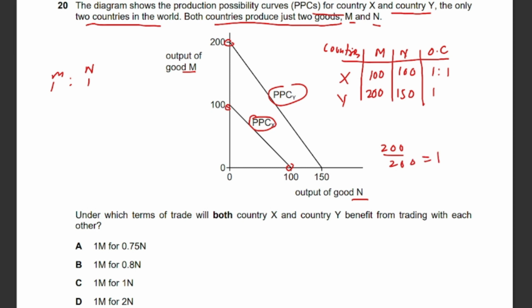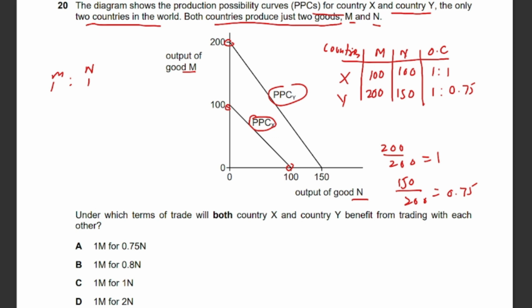So for 1M, country Y will have to sacrifice how much quantity of N? That is 150 over 200, and it will give us 0.75.